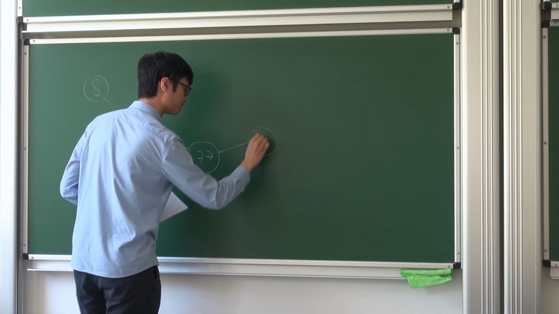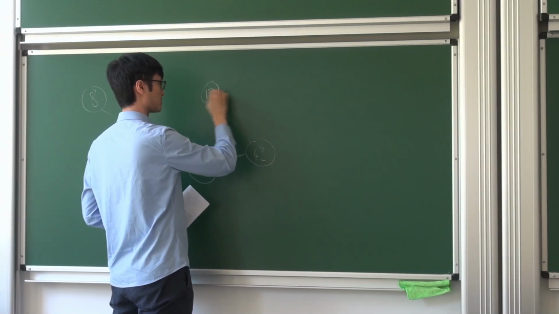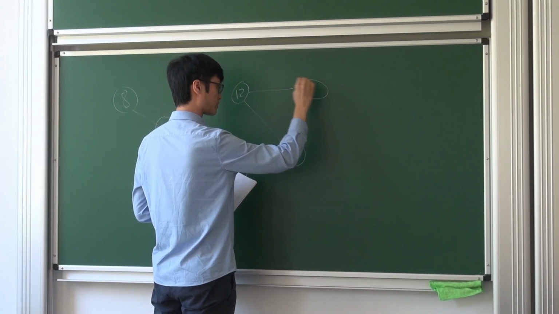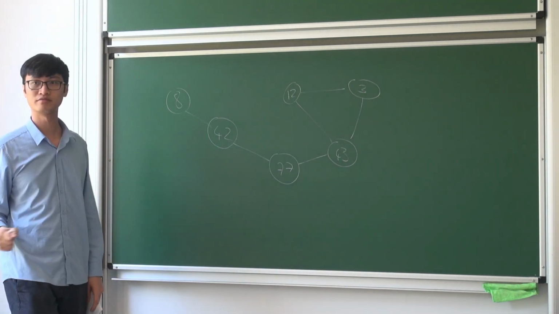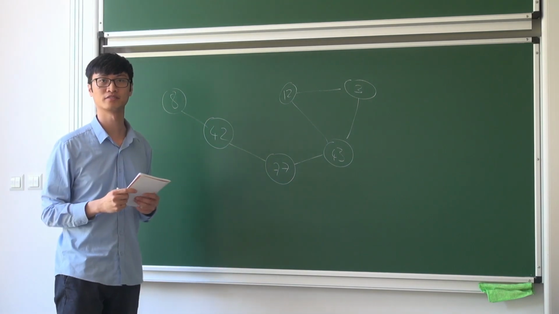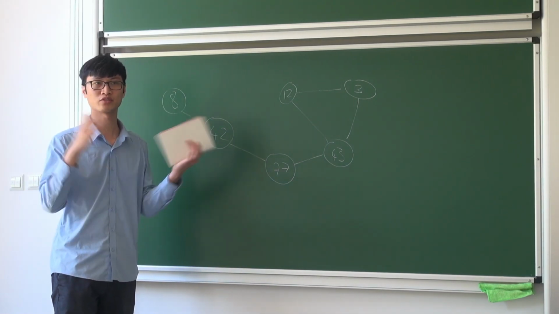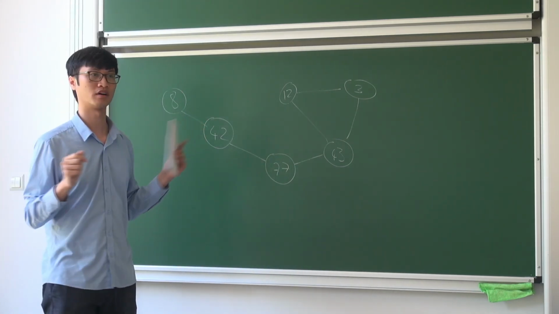So here, I want to talk a little bit about coloring first. This is my graph, and these are my identifiers. And I just want to apply a very simple one-round greedy coloring algorithm on this graph.